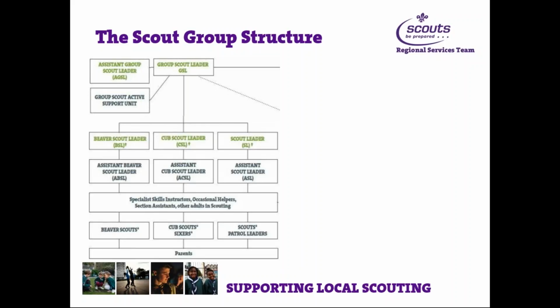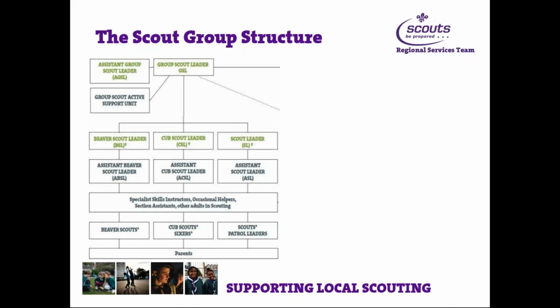The main strand then is our leadership team, and we find a lot of Scout groups that follow this sort of model. They have, if you indeed have a Group Scout leader, a lot of groups don't have Group Scout leaders, but they will have leaders who look after sections, and they will have assistants who work with those people.